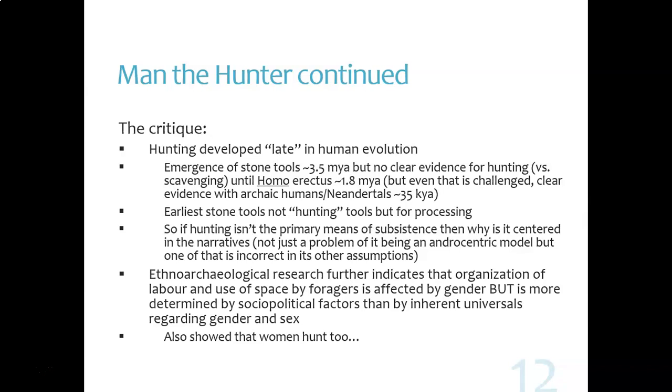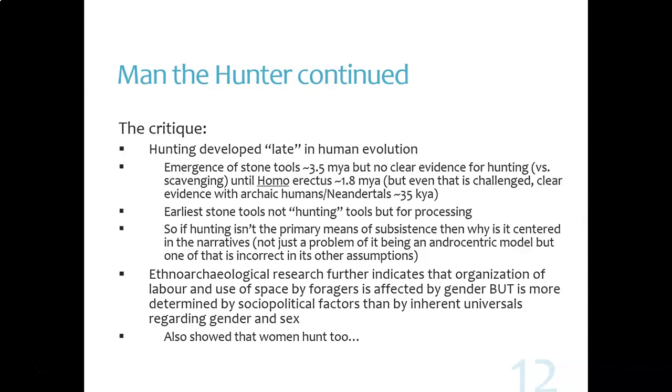Well, you can imagine there's a lot of critiques associated with this. We can talk about these in class, and Fettigan's reading gets into these a little bit. One of the biggest issues with this model is that hunting developed very late, relatively speaking, in human evolution. We don't get any real clear evidence until Homo erectus or Homo ergaster 1.8 million years ago, and even that's debated.